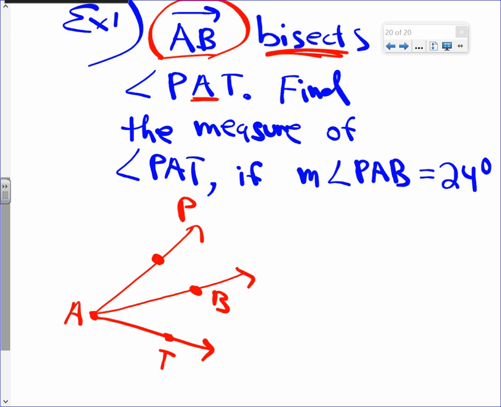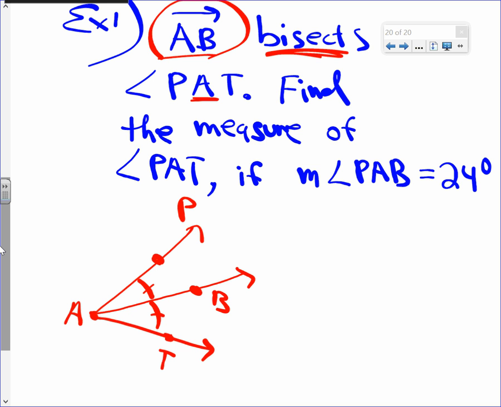That means this angle and this angle are the same. Whenever you put a little arc with a hash mark, that's communicating on the picture that they're the same measure. They're exactly the same size. Right now, all we've done is draw the first sentence. Ray AB cuts in half, bisects, angle PAT.